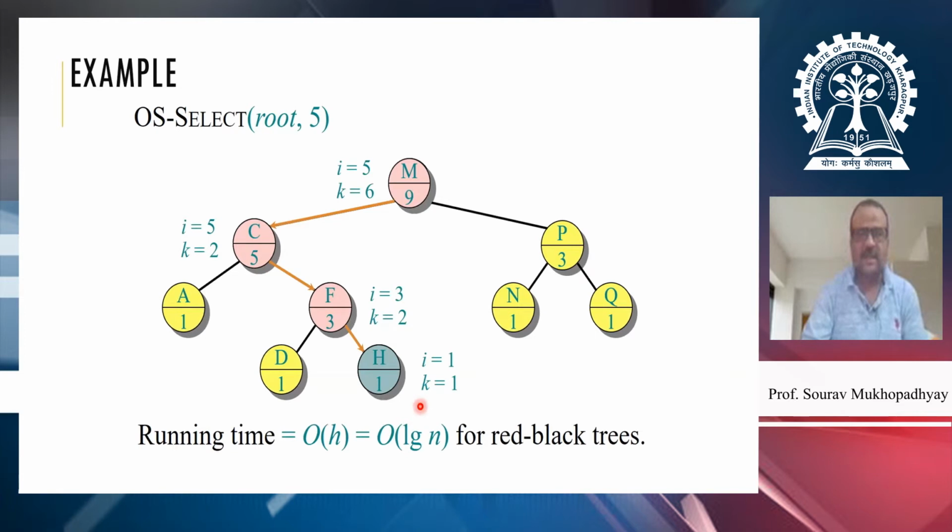Once we get the size of this left subtree, we know there are 5 elements over here, then the rank of this is 6, so we can easily have the rank over here, instead of calculating it, and check whether i is 6 or not. So the question is, why don't we put the rank in our augmentation instead of the size?